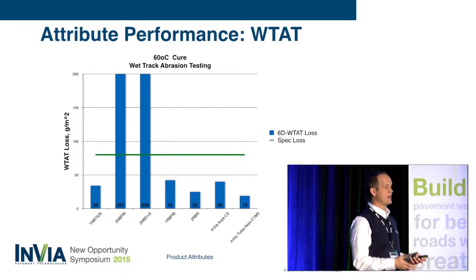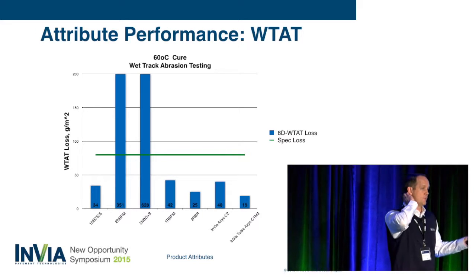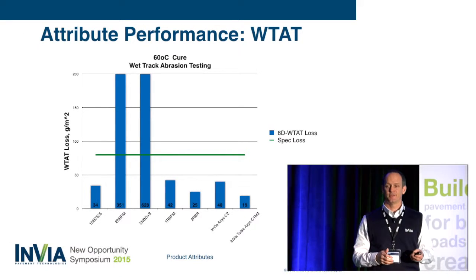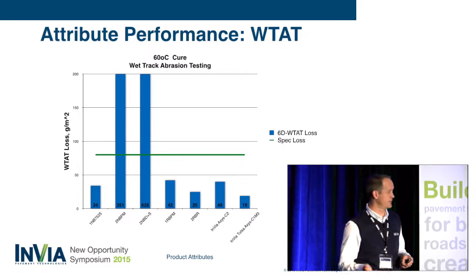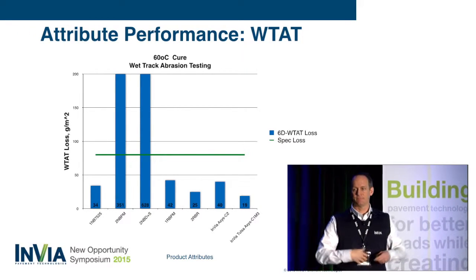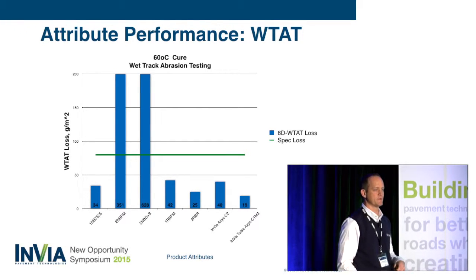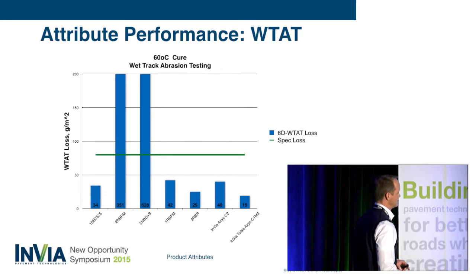So what kind of solids are you putting into your system? I don't know for the competitors, but if something dries really fast and we measure the solids and it has much higher solids, and then we look at the wet track, and basically that score just means everything was gone. The wear device just shot right through the tar paper and was rubbing metal on metal by the end of it. Makes you question.